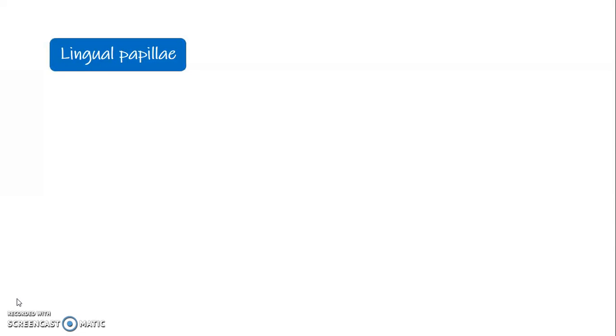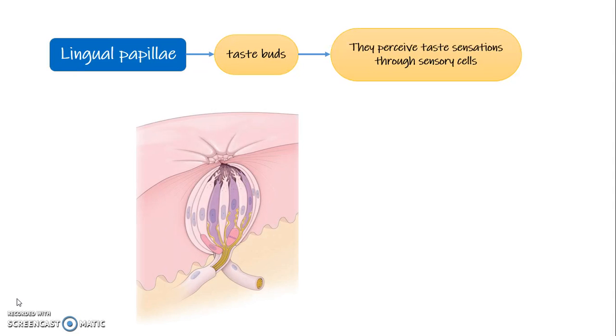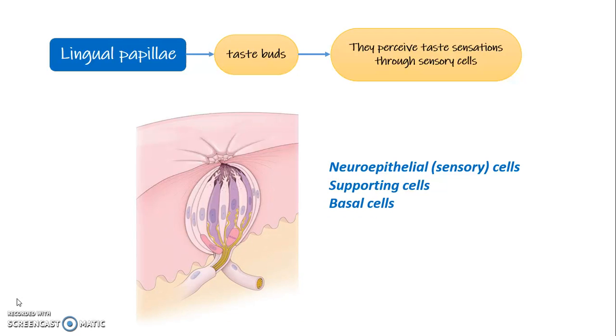Inside the lingual papillae, we have the taste buds. They perceive taste sensation through sensory cells. Here we have a taste bud, and it contains neuroepithelial cells, which are the sensory ones, and also supporting cells, as well as basal cells.